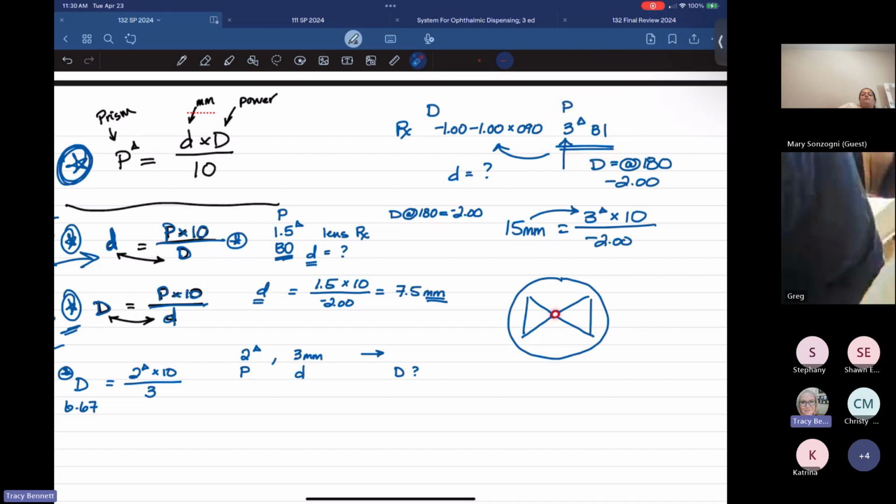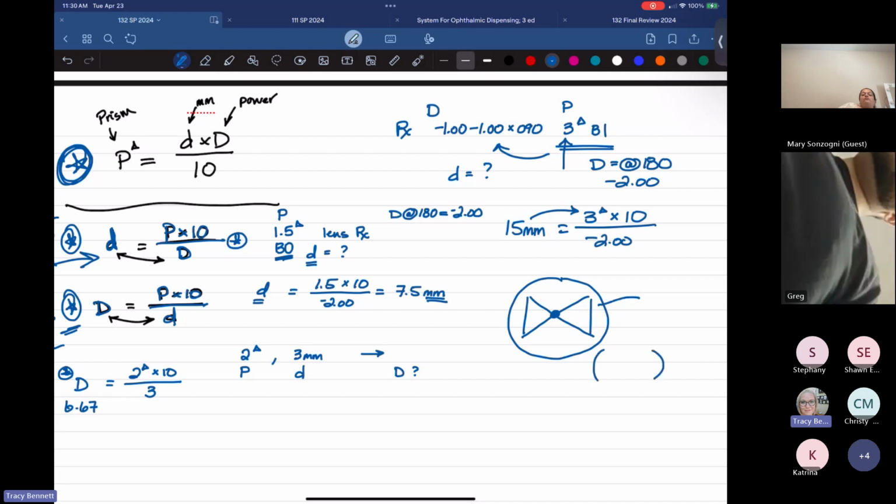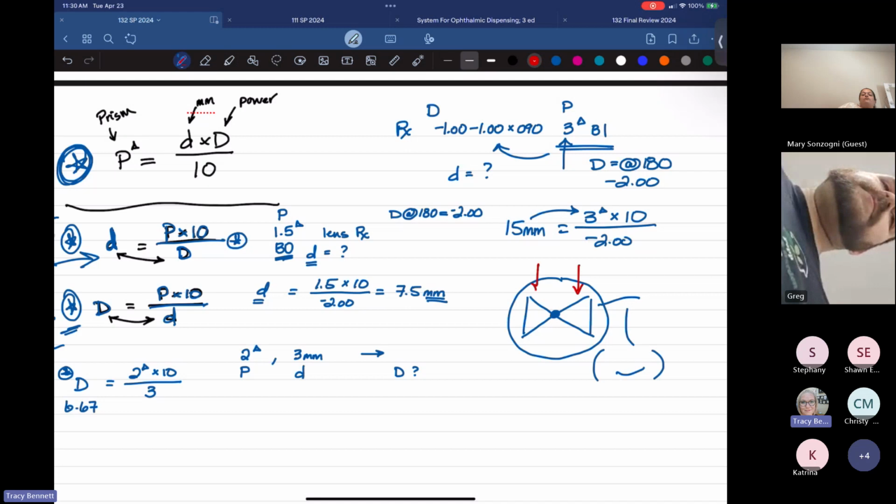Okay, so here's the OC. Let's put an eye, right? Are we dealing with the right or the left eye? So here's our nose. Okay, so if we need this person to have 3 diopters of base in prism, which part of the lens do they need to be looking through? This side or this side?